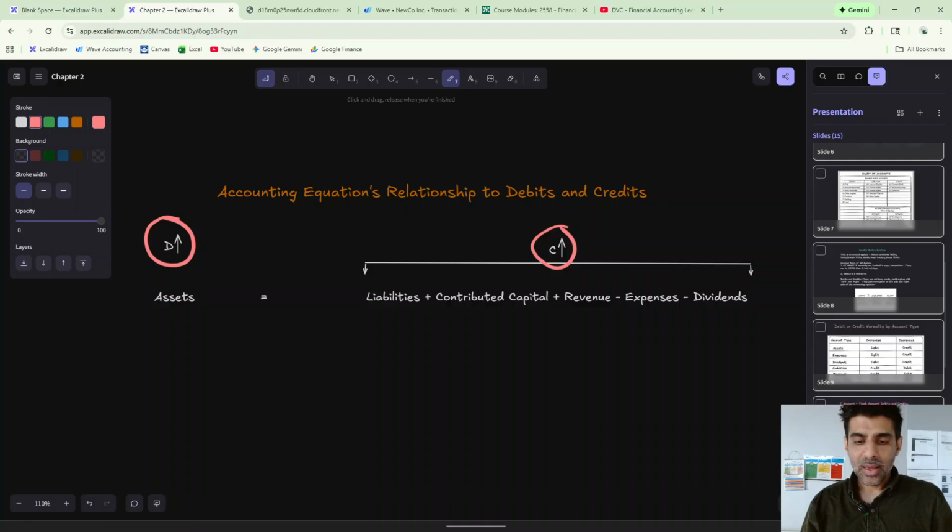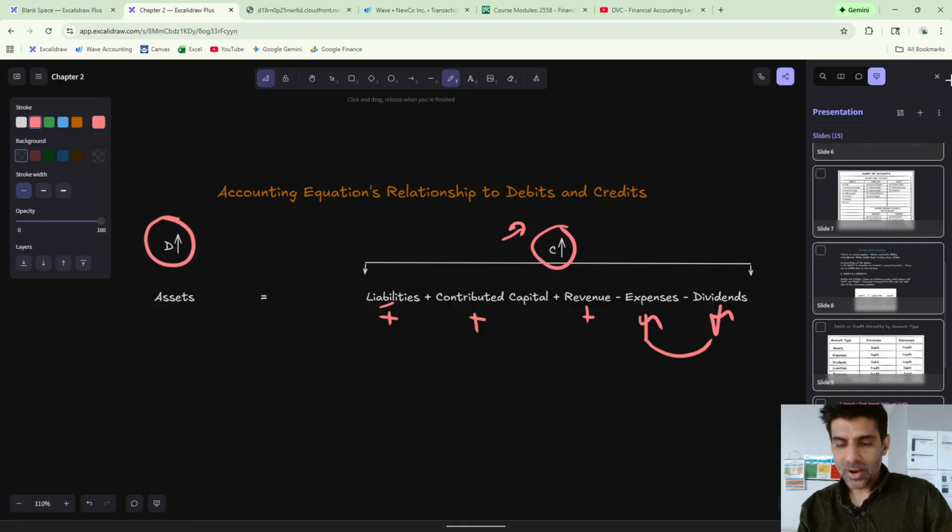It would be pretty straightforward, except we have a couple of things going on here, these negative signs. Liabilities, contributed capital, and revenue all follow this rule of increasing when there's a credit, or crediting when there's an increase. These two are actually the opposite because they're minus signs.